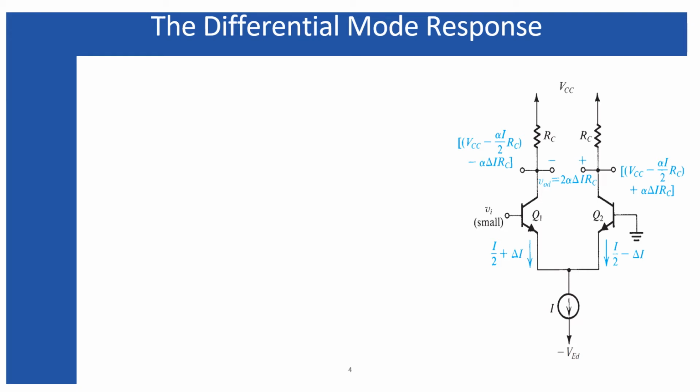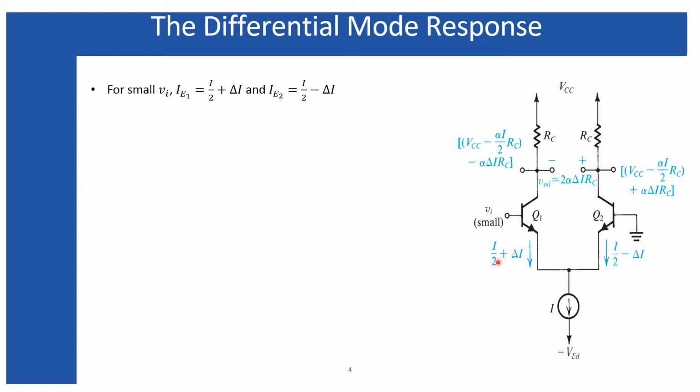The differential mode response. In the differential mode response, it has been assumed that one terminal is connected with a ground potential and another terminal is connected with a small differential voltage Vi, while the constant current is being used to maintain the bias for these two transistors.